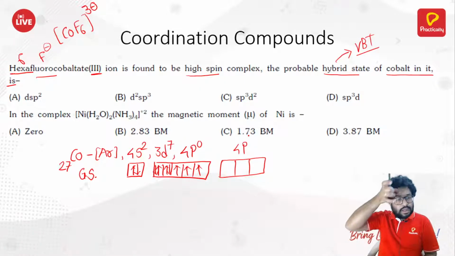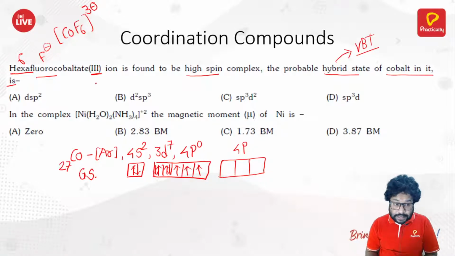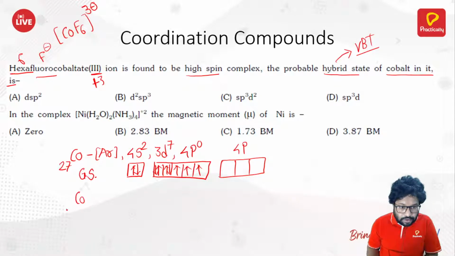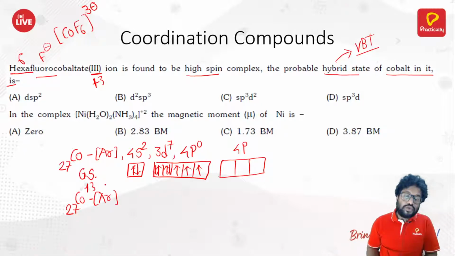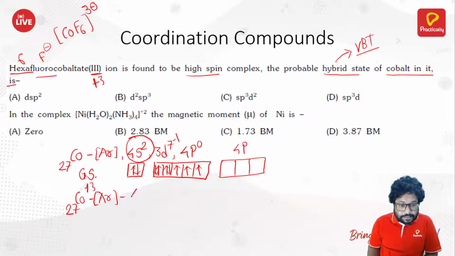Now your cobalt is in +3, as you can see from here. It's still 27, but you are losing 3 electrons. Where would you lose them from? The 2 electrons come from the s orbital and 1 electron comes from the d orbital. Therefore it should look like 3d6, 4s0, 4p0.